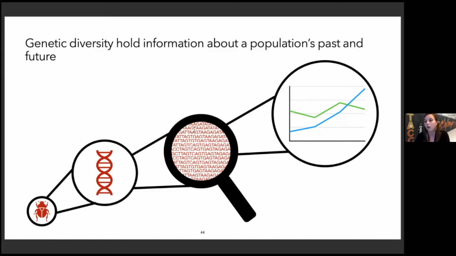So for example, when you look at the DNA of individuals in a population, you can use various methods to figure out what that population size was in the past, like before we were even around, and what that population size would be in the future under different scenarios. So there's a lot of information in DNA, and what computational biologists do is try to be this tool that allows us to extract the information from the DNA that exists in the world.